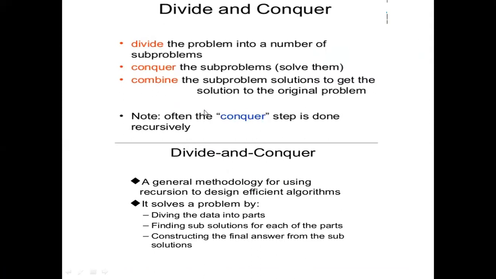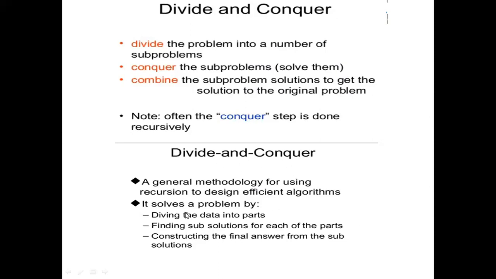Then finally combine the subproblem solutions to get the original problem's solution. That is divide and conquer. So divide means divide the problem into a number of subproblems, and conquer means the subproblems are solved. Combine means combining the subproblem solutions to get the original problem solution. So that is divide and conquer.